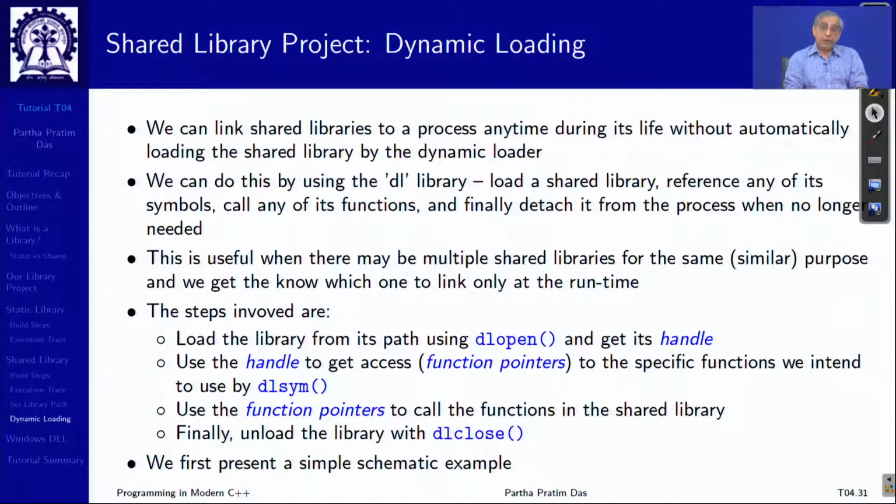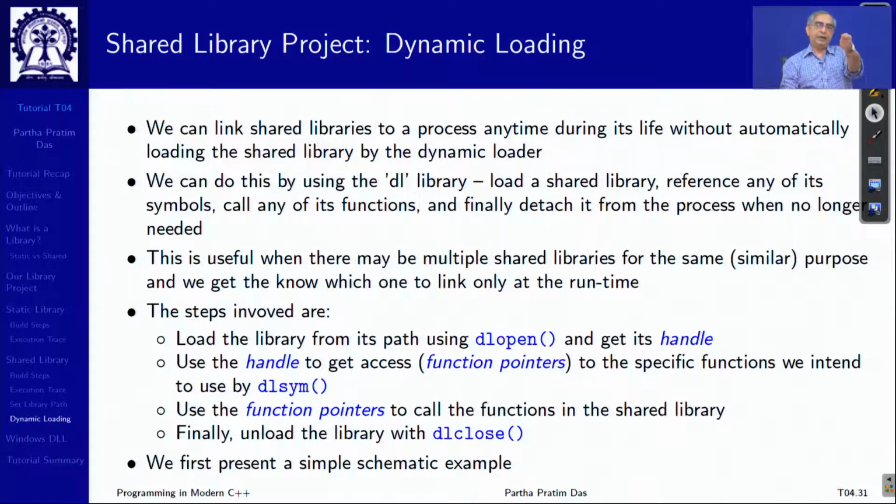Now, the third mechanism. One was to put it in the default folders, one was to tell the system that this is the folder where you find it. The third is to find it dynamically. That is very interesting. What you say is, in my program I will tell that this is the name of my dynamic library and ask the system to load that.